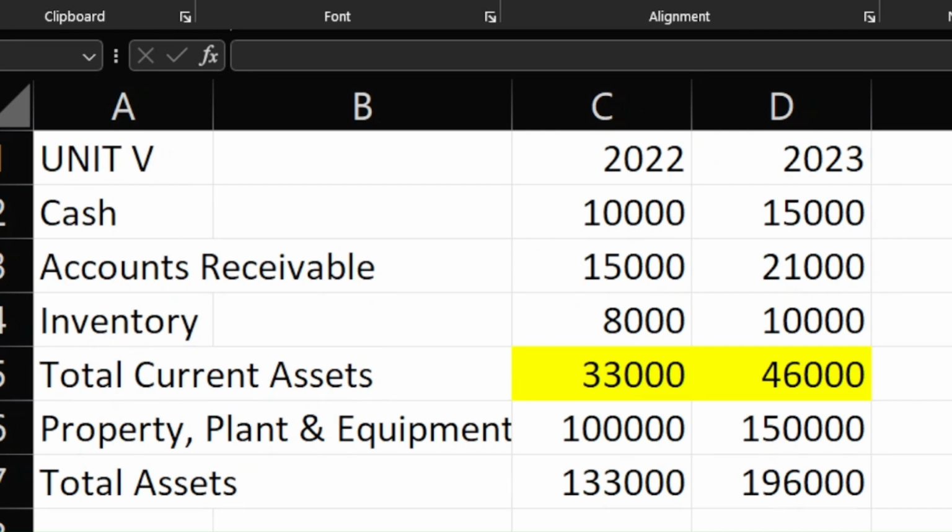We have given the formula here: 10,000 into 100 by 1,33,000. So of these three figures, cash is 7.52% of total assets, whereas accounts receivable is 11.28 and the inventory is 6.02.